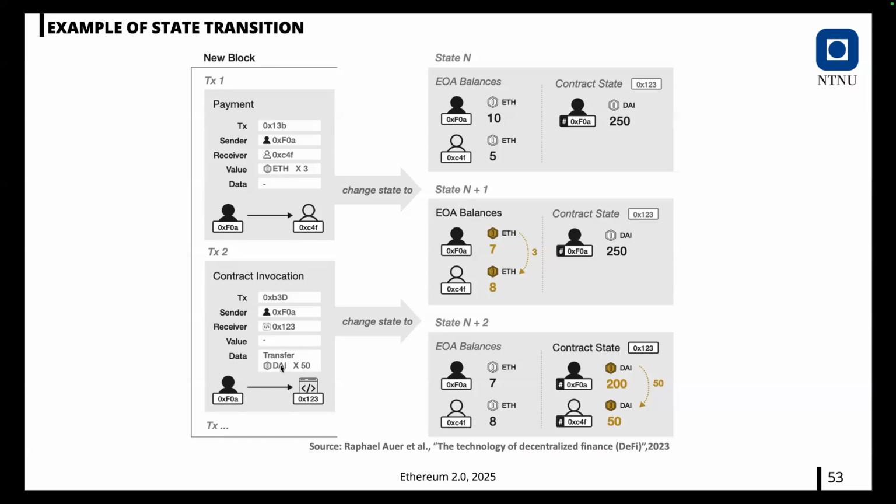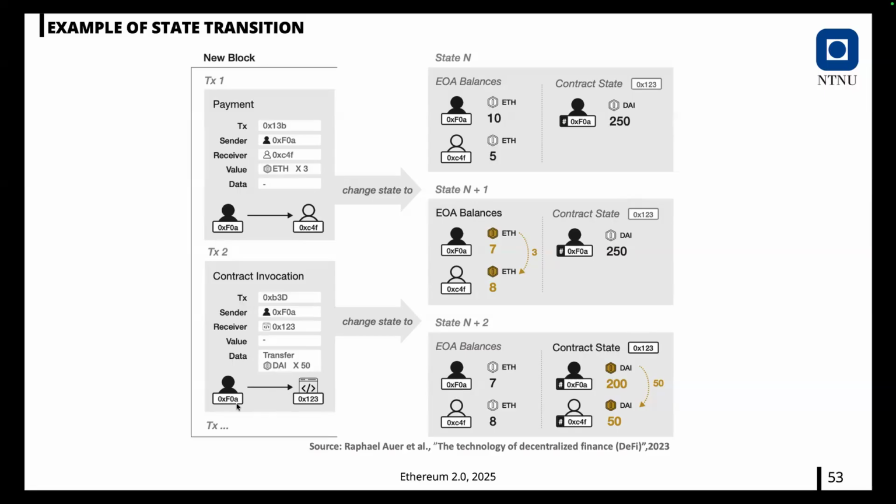So 1 DAI is equivalent to $1. And now we can see that the initial contract value for 1 to 3 was 250 DAI.